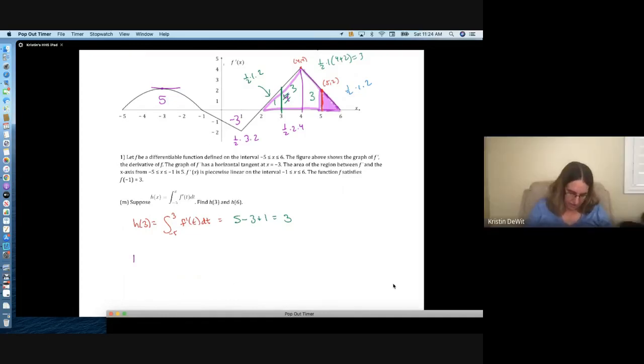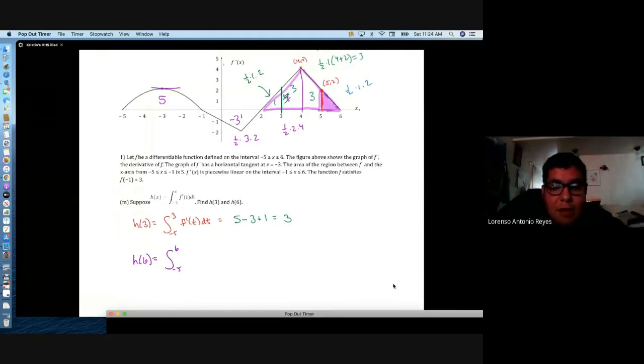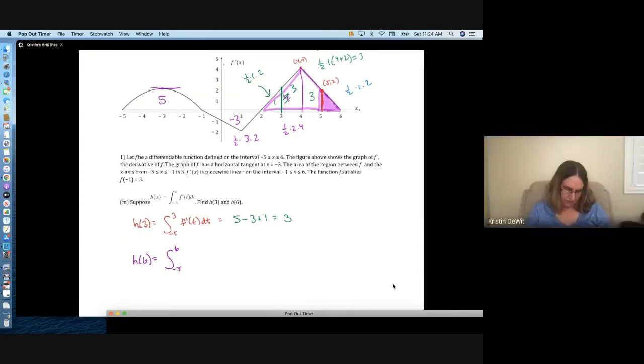All right, let's try to find h of 6 then. H of 6 is the area under the curve from -5 to 6. Doesn't it start at -3 instead of +3? I'm not sure what you're talking about.